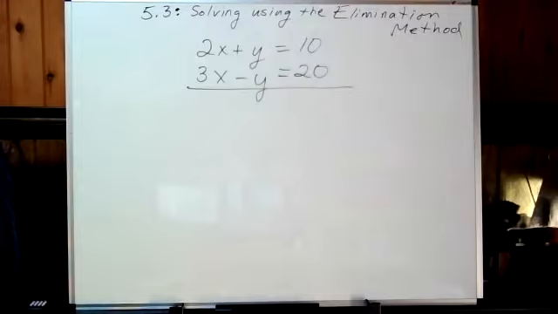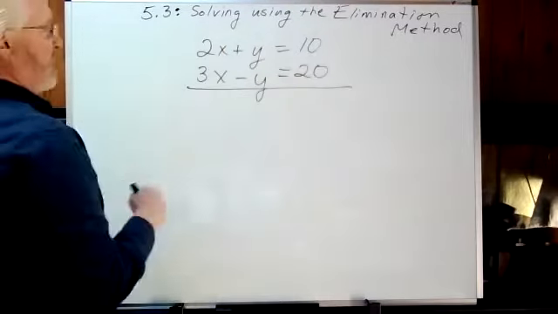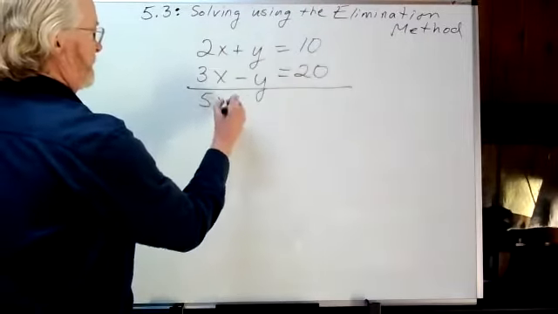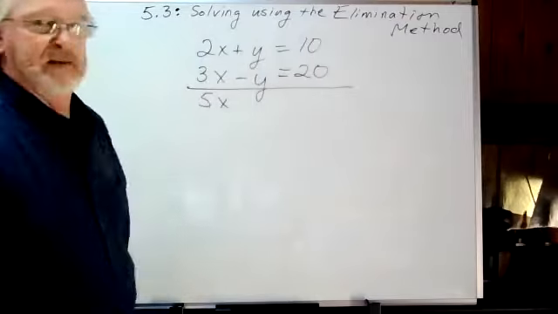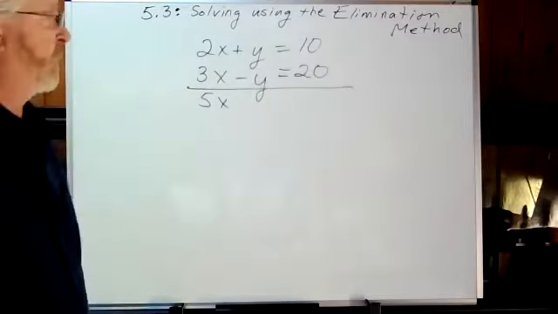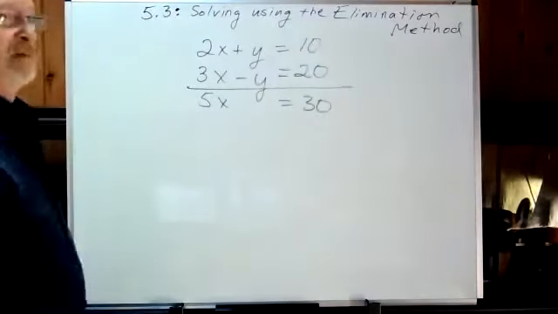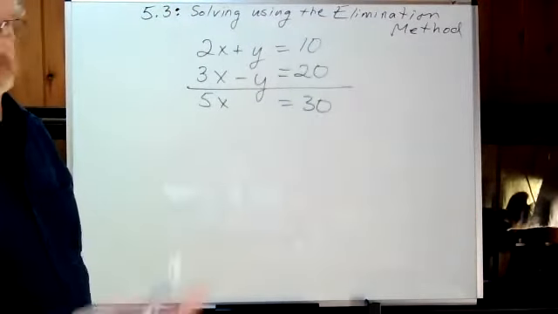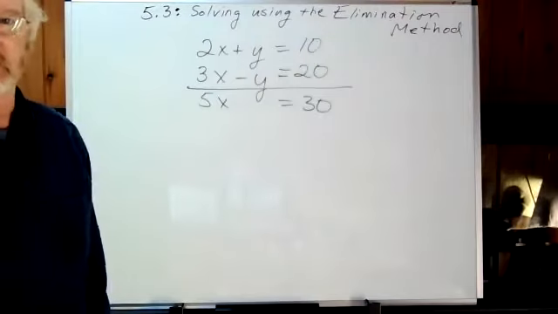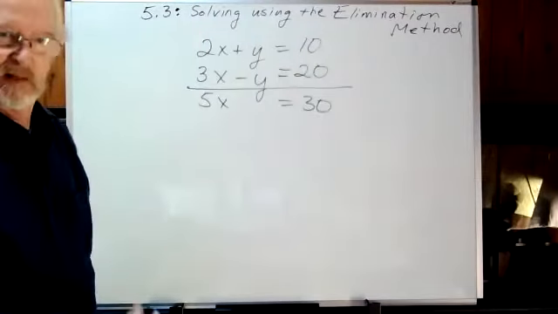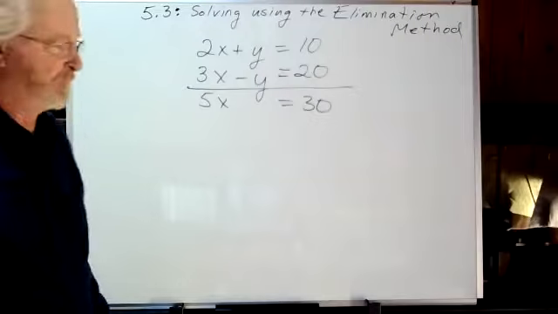Look what happens. Here, I add up the x's, and I get 5x. Here I add up the y's, but they cancel each other out and go away. I have eliminated the y. Now this one was specifically set up ready to go, so that was going to happen. We're going to have to do a little work on more of them.